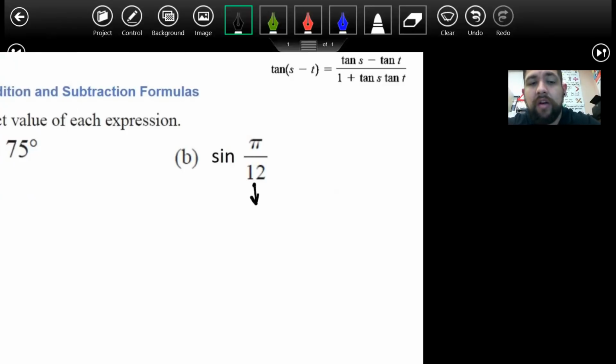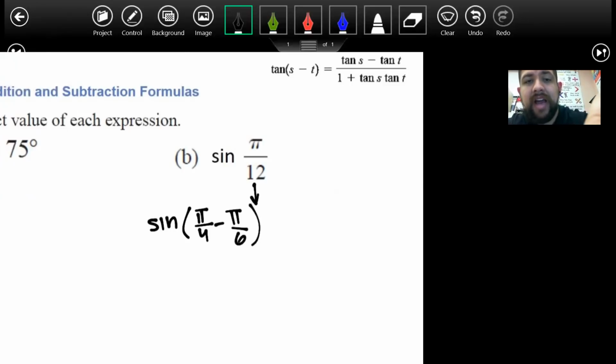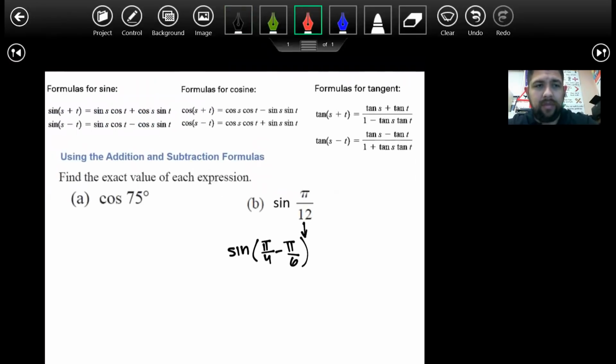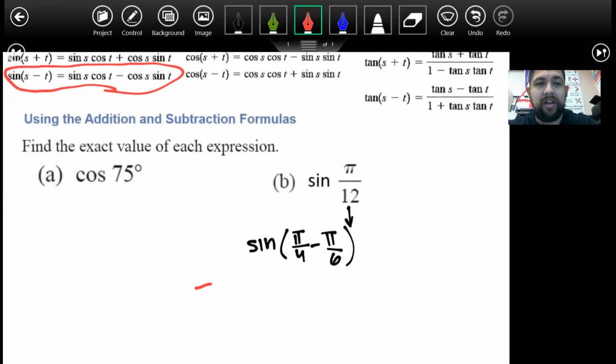When you solve this out, I found that sine of pi over 12 can be split up by pi over 4 minus pi over 6. This is the exact equivalent of pi over 12. So now we're going to use our sine formula, the subtraction version. And so that's how we want to apply it. Let me try to keep it in frame.